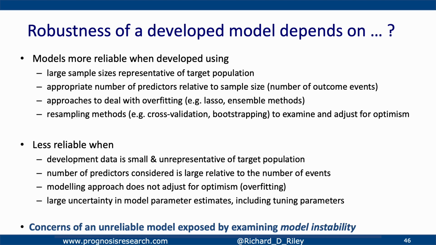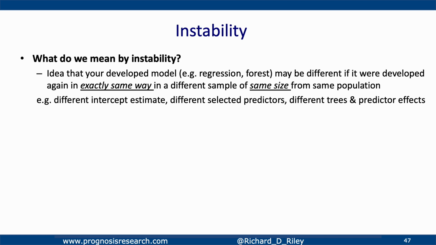So this idea of an unreliable model can be expressed in something that we call instability. And instability is the idea that your model, if you were to develop it again in a data set of the same size from the same population, would end up looking very different than the one that you did develop.